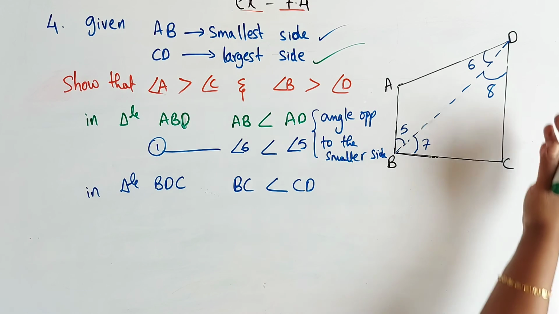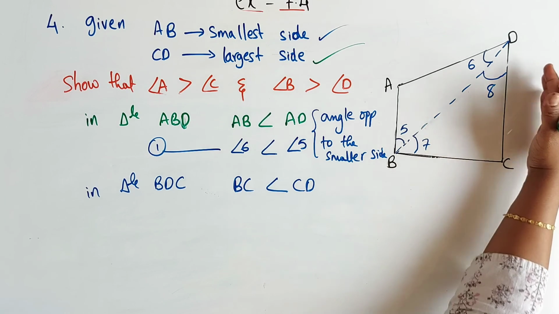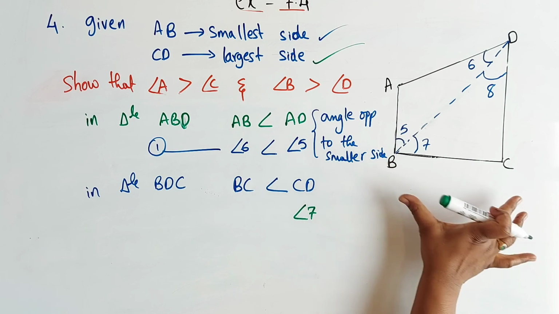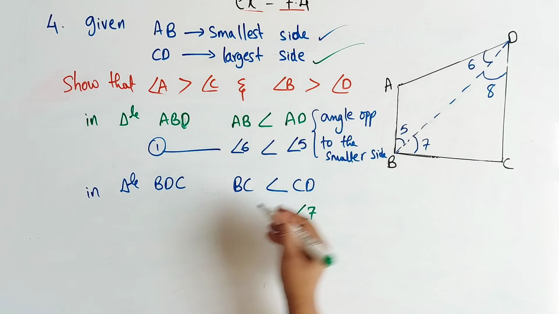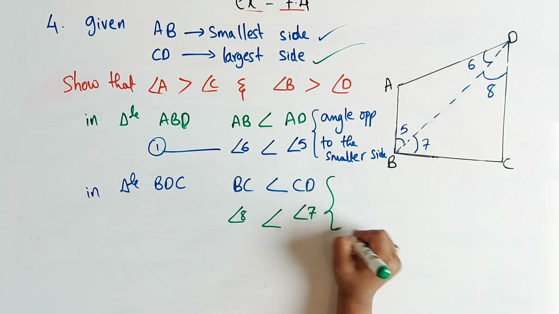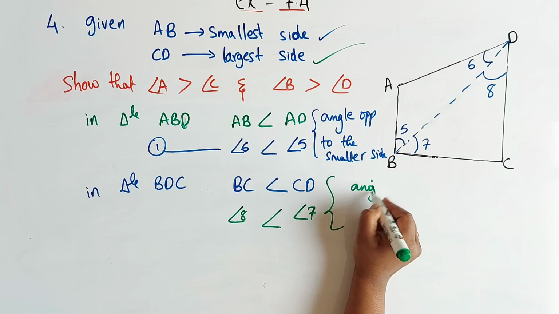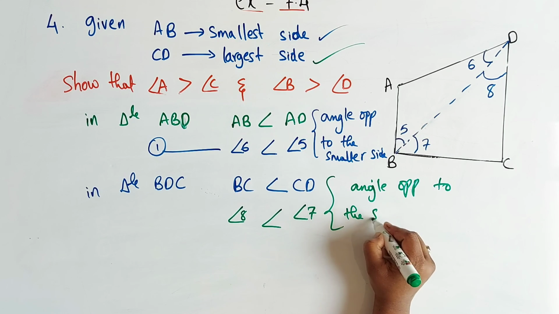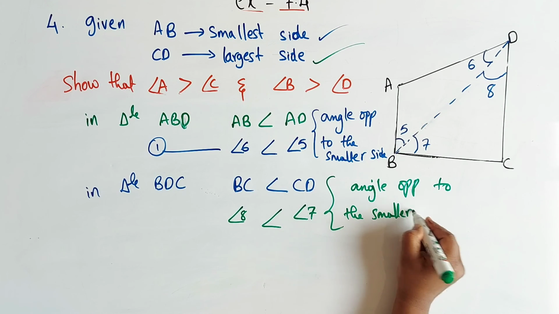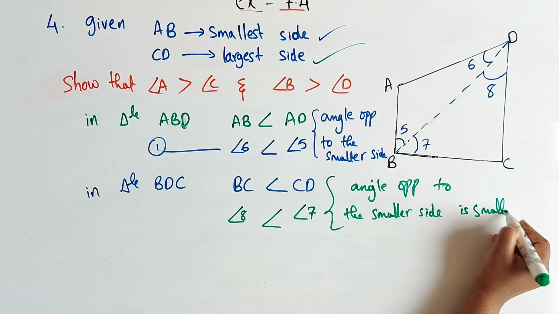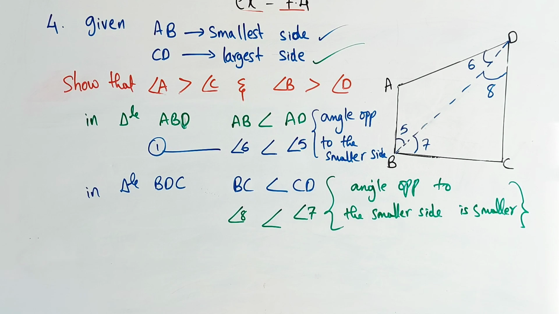So CD's opposite angle, angle 7, is also the larger angle. BC's opposite angle, angle 8, is the smaller angle. Right, children? Same reason here also: the angle opposite to the smaller side is smaller. Correct, children?